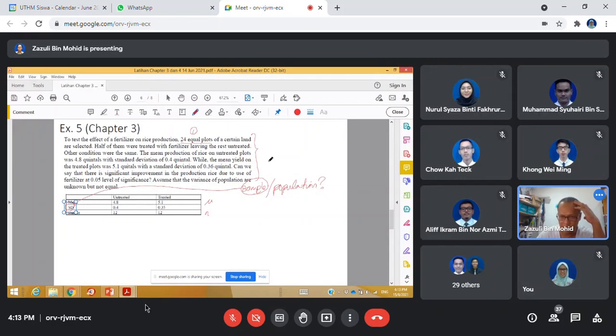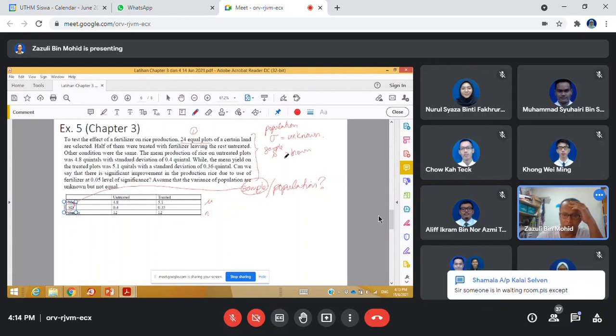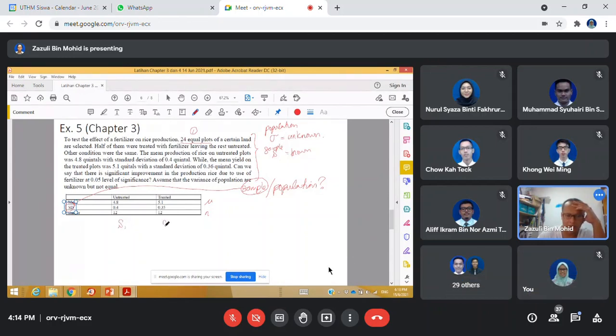So that means here this number is unknown. Okay, the population standard deviation, this is for the population, but the S for the sample is known. And we can see here that S1, S2 is not equal.